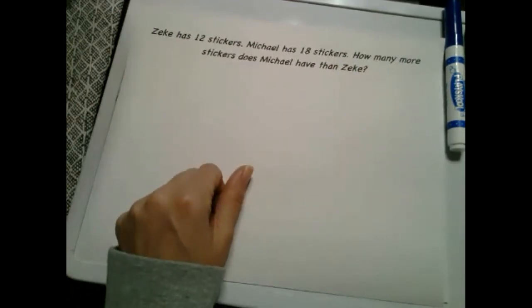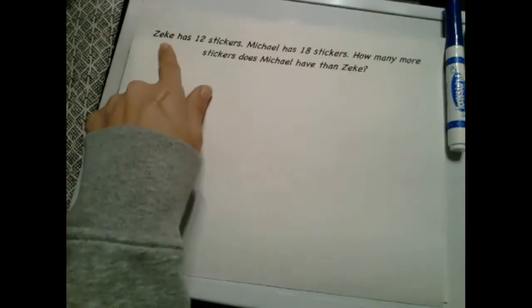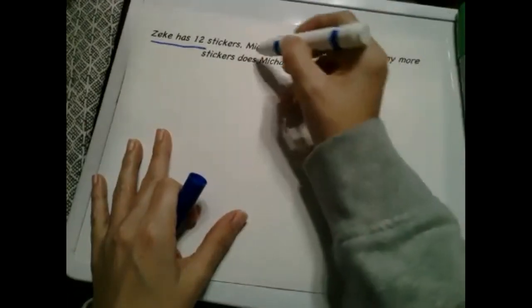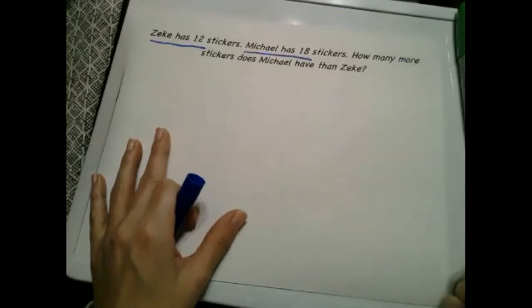What do I know in this problem? Is it asking me how many stickers they have in all? No, it's saying that Zeke has 12, Michael has 18.